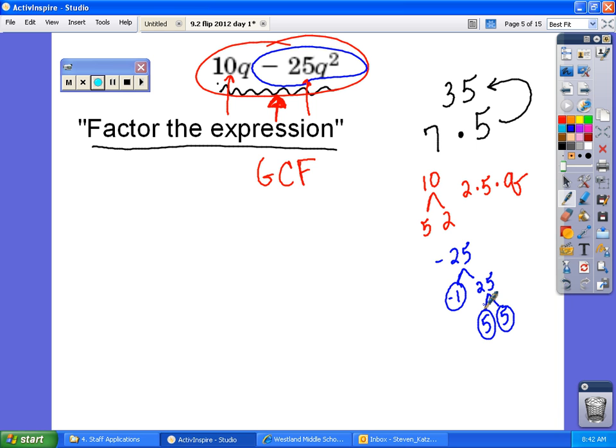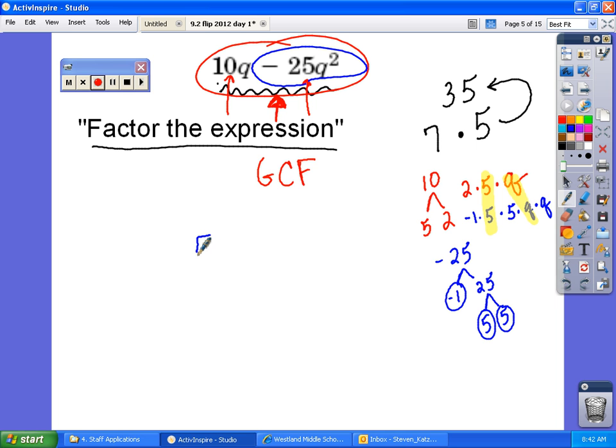So it is negative 1 times 5 times 5 times q times q. What do they have in common? They have one 5 in common, and they also have one q in common. So the greatest common factor is 5q, 5 times q.